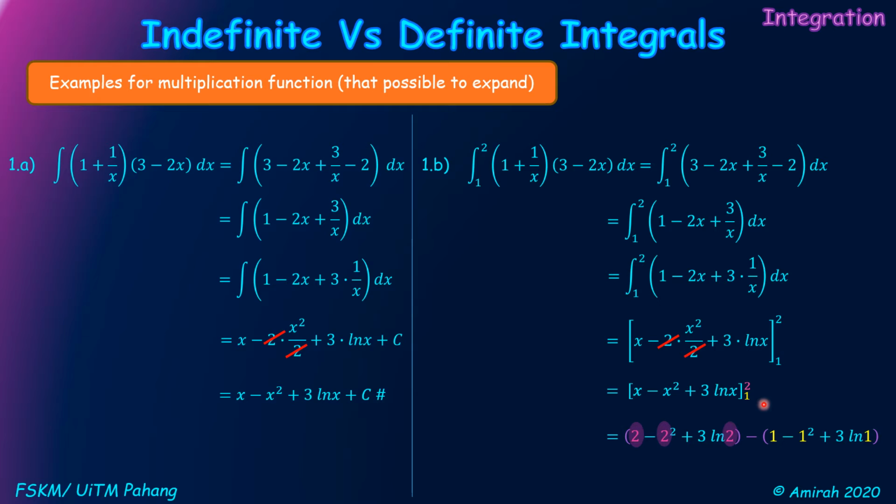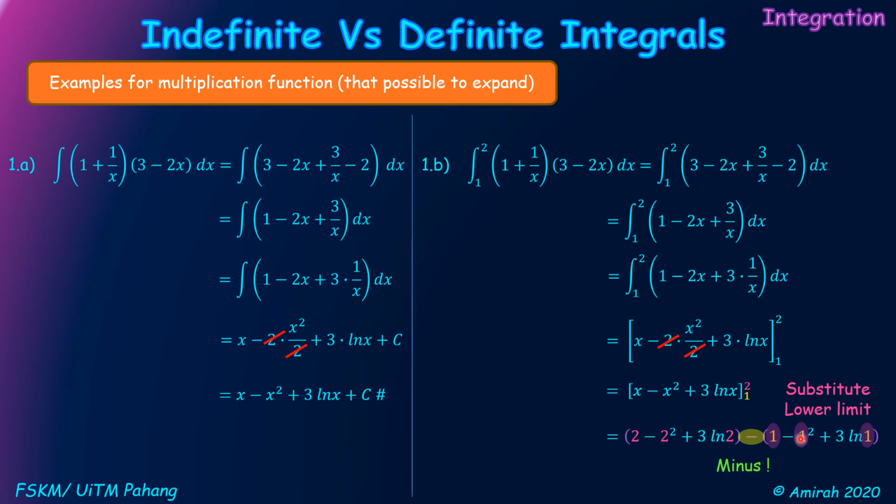After that, we substitute the upper limit first. We substitute 2 into all the variables x here. In between must be a minus, and after that we substitute the lower limit 1 into variable x.